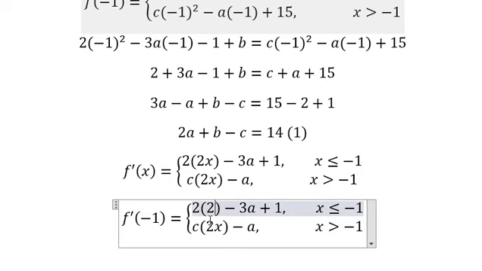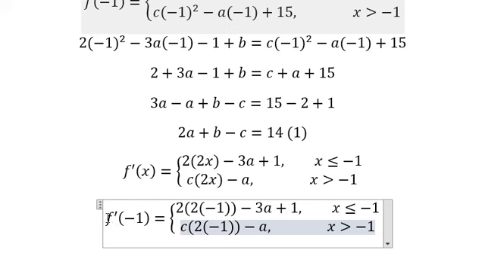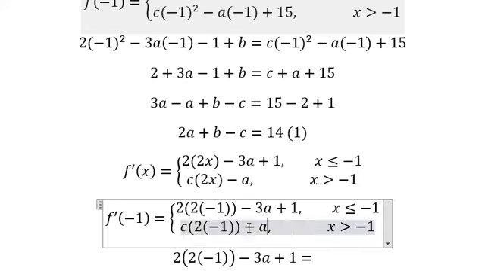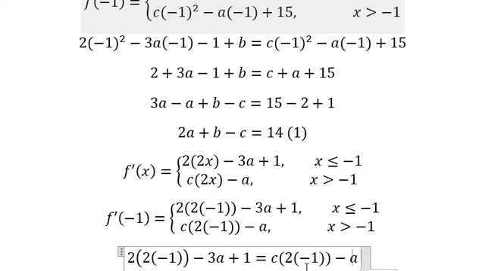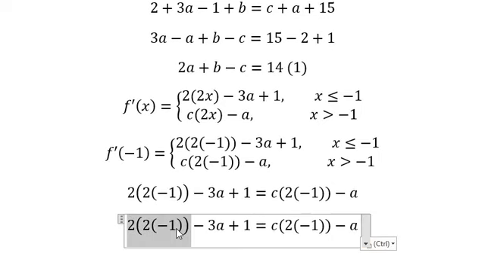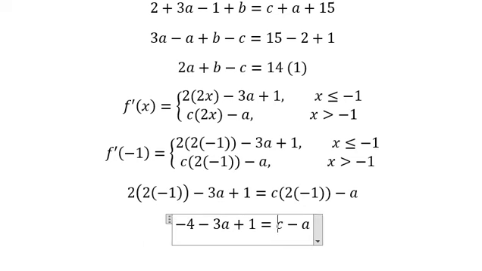So we have negative 1 in here, and negative 1 in here. If we want this to exist, the value on the left equals the value on the right. So this one we have negative 4. This one we have negative 2.